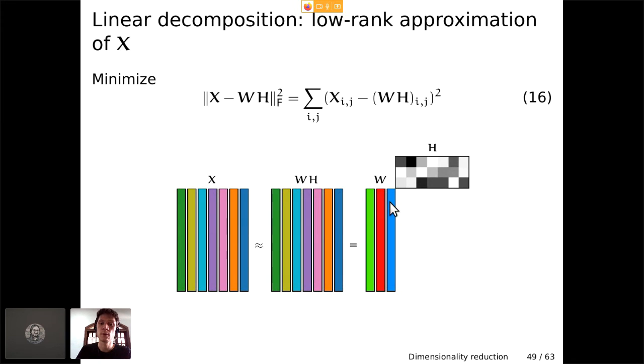And to estimate that approximation, to say if this is a good reconstruction of X or not, one criterion that is easy to work with is, again, the sum of squared errors. So there are many variants of that idea that use the sum of squared errors and minimize it while adding some constraints or some penalties on these two factors.